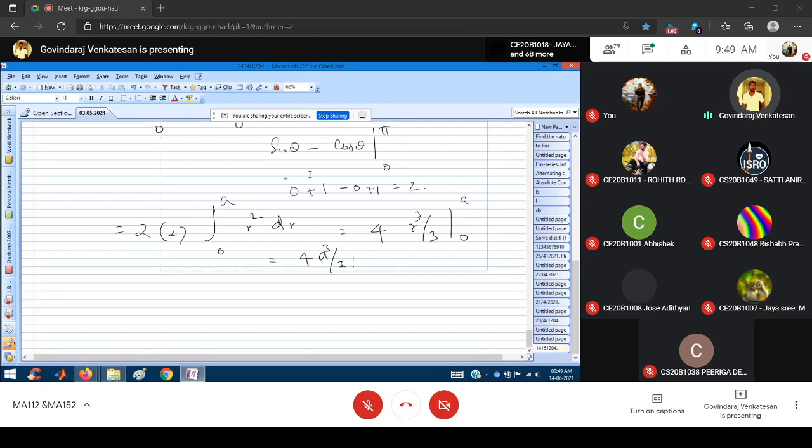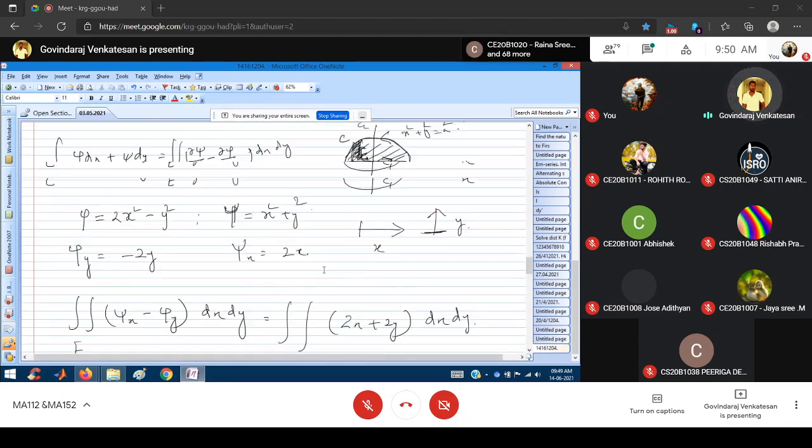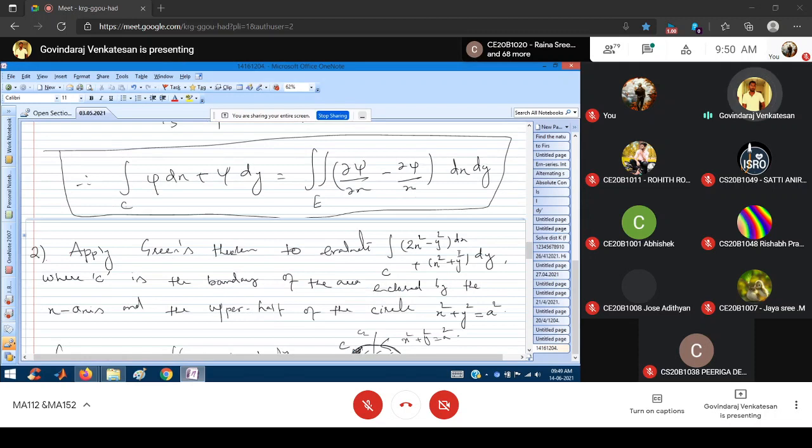So finally I got this value 4a cube by 3. So the value of the integral over C of phi dx plus psi dy is nothing but 4a cube divided by 3. Yes. So this is Green's theorem.